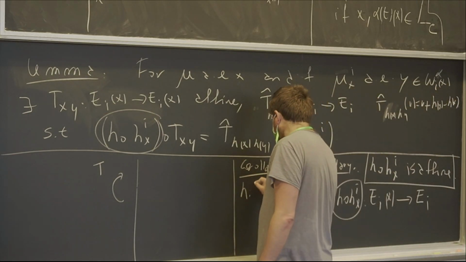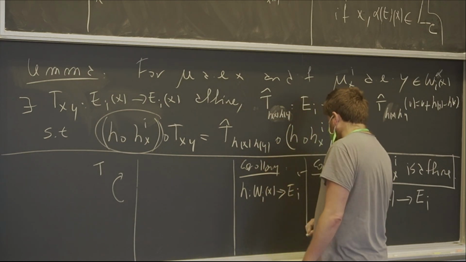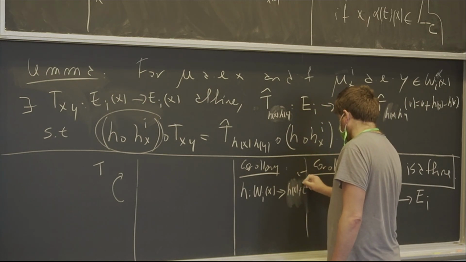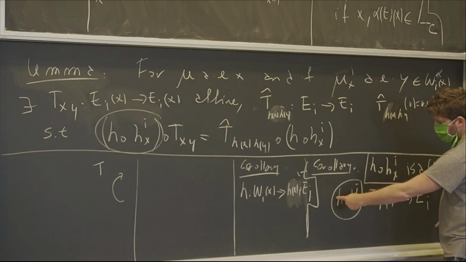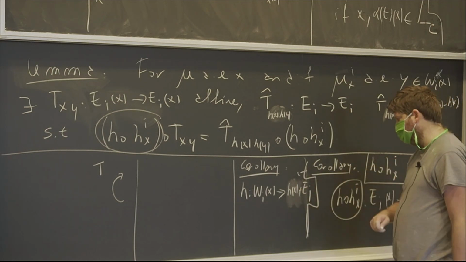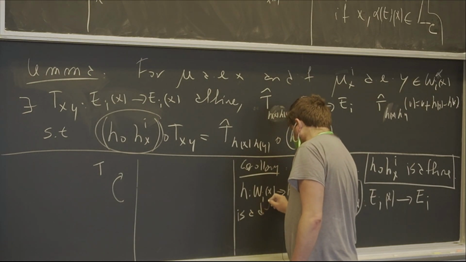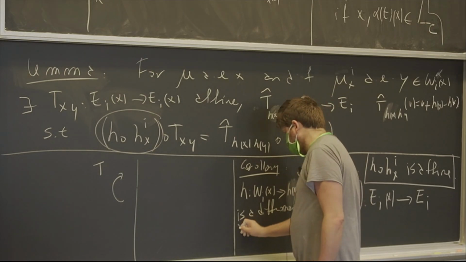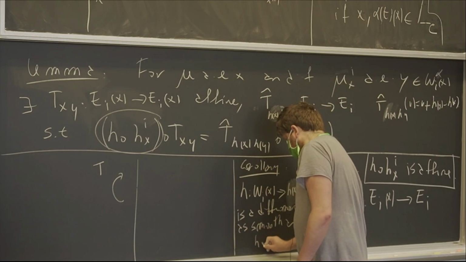So H from WIX into EI, or H of X plus EI, to be more precise now. So there is a composition I didn't make here, which is removing the H of X to bring things to E. Now I'm doing it explicitly here, it is a diffeomorphism as smooth as HXI.